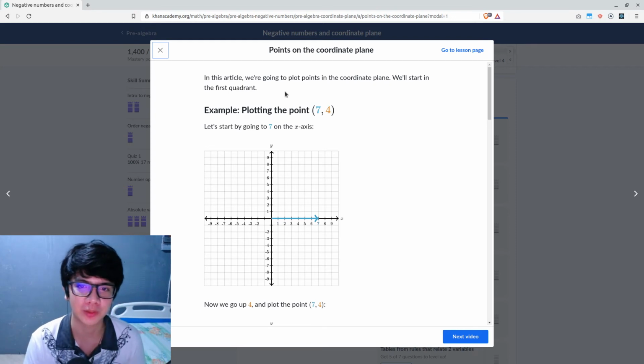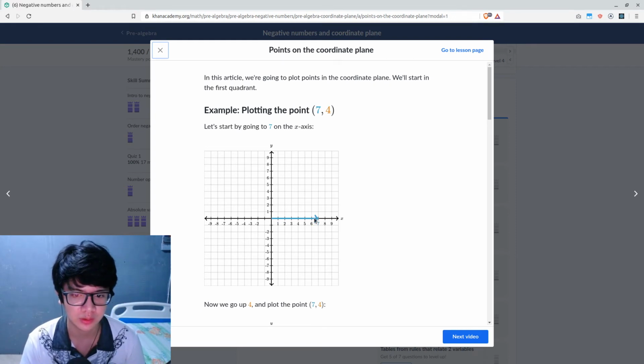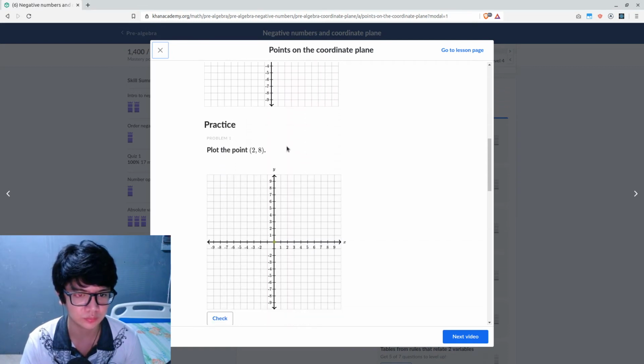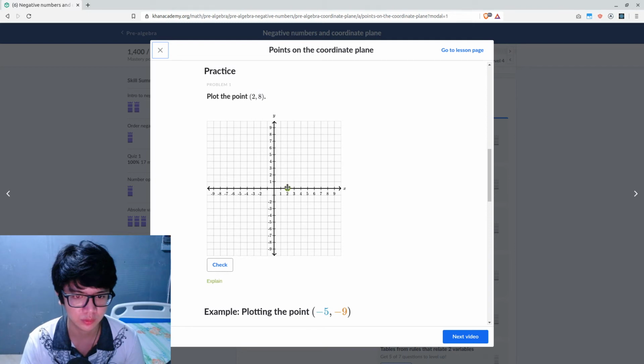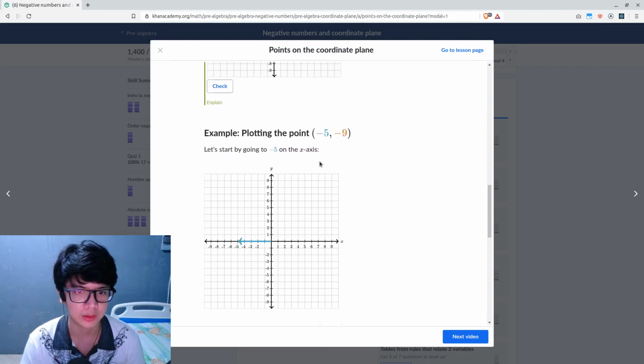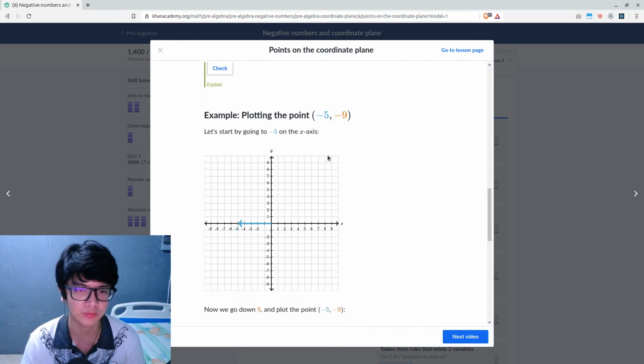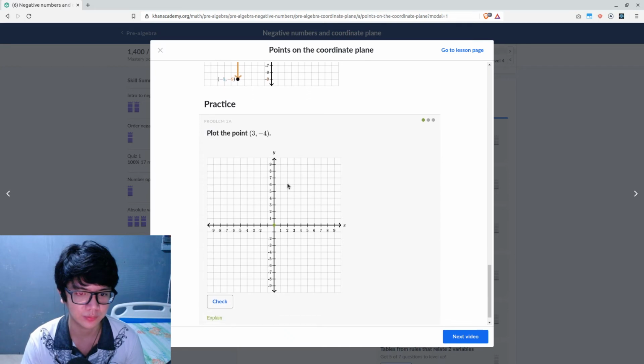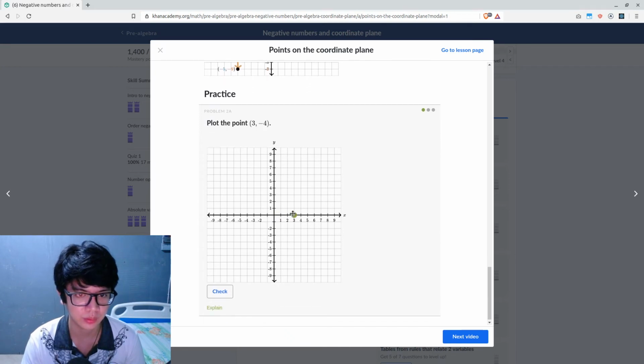In this tutorial, we're going to plot, and we'll start in the first quadrant, plotting the point 7, 4. Plotting the point -5. It's the third quadrant, right? -8, 6.